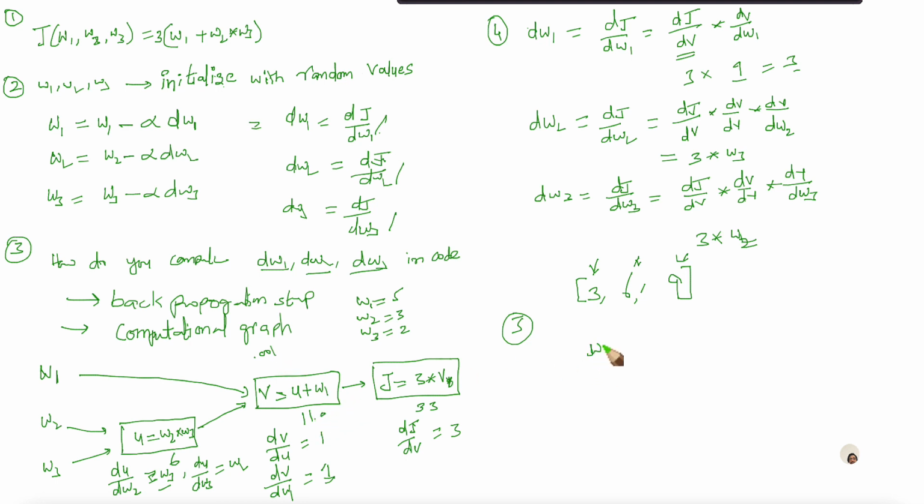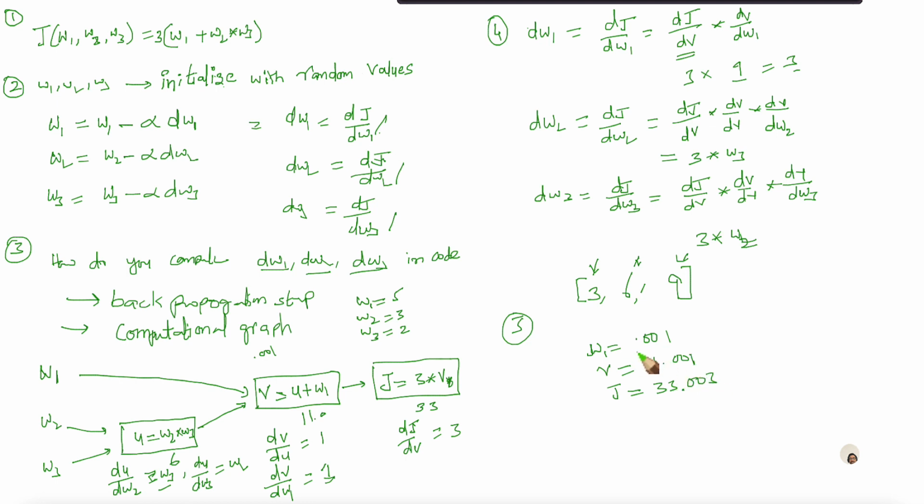If we change w1 by 0.001, it becomes 11.001, and j is 3 times v, so j will change to 33.003.